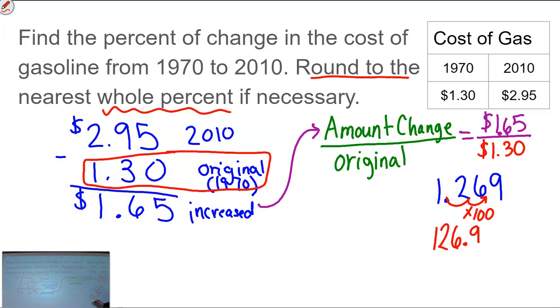So that would be 127%. And are we increasing or decreasing? To get from here to here, we increase, so it's a 127% increase.